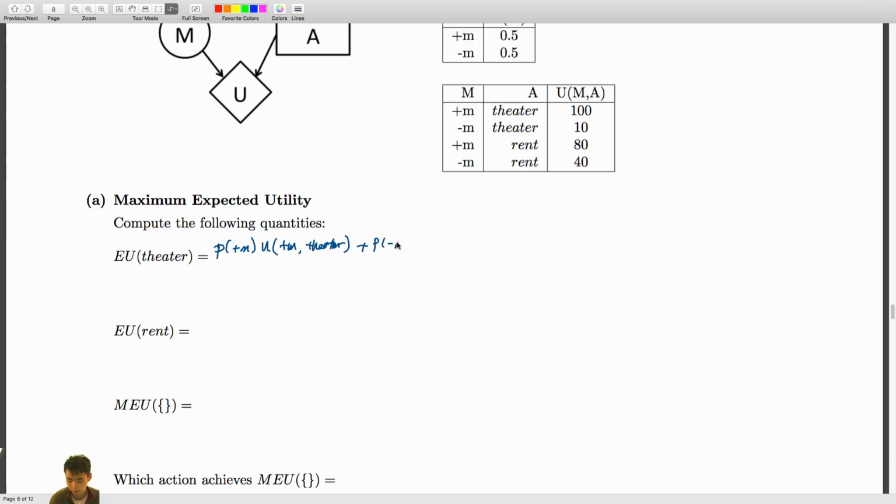So that's this quantity, and then we can just read off the relevant terms we need from the table and calculate this.